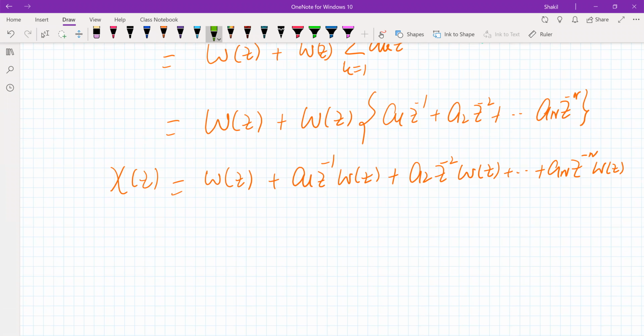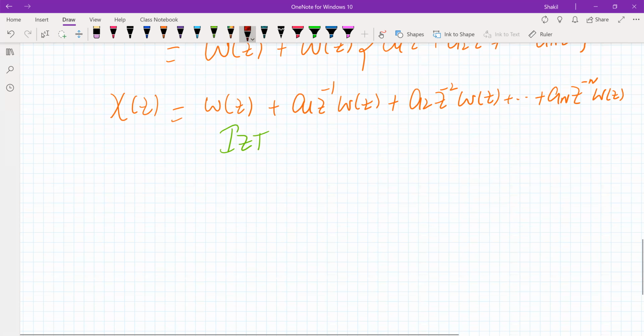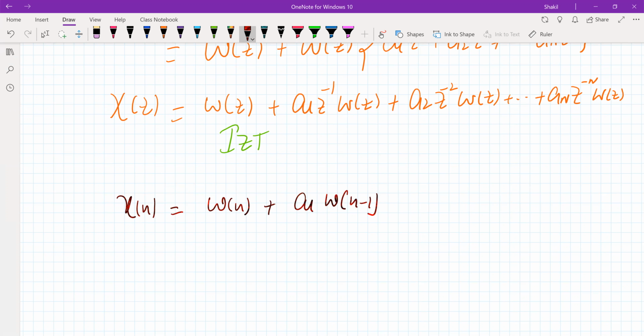Now taking the inverse z transform on both sides, we have x(n) is equal to w(n) plus a_1 w(n-1) plus a_2 w(n-2) plus so on, a_n w(n-n).